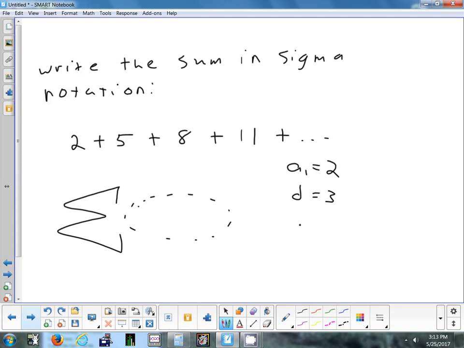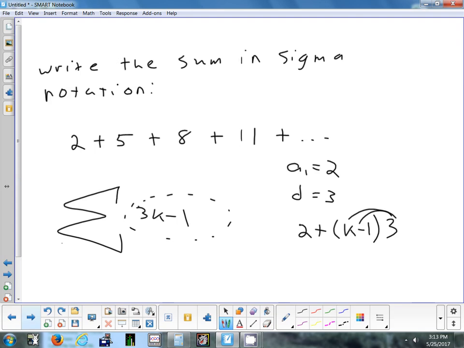Actually, I'll put it over here to start. 2 plus k minus 1, times 3. I'm just going to use k only because when we use sigma, that's just a letter. So we do that out, and what does that give me? Yep, so there's your formula.